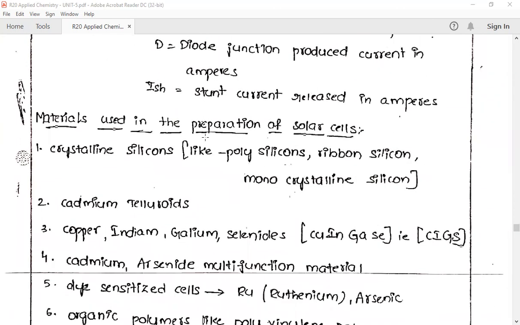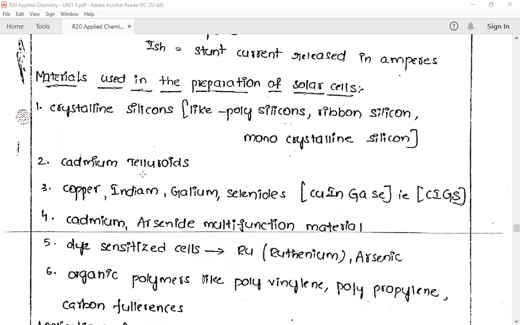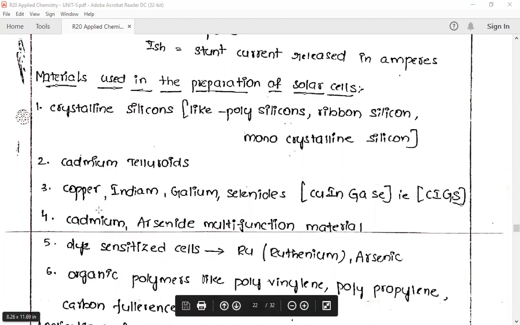And the materials used in the preparation of the solar cells are many. Currently available solar cells are made from bulk material that is cut into wafers of 180 to 240 micrometer thickness. This is the list of the materials used in the preparation of solar cells.